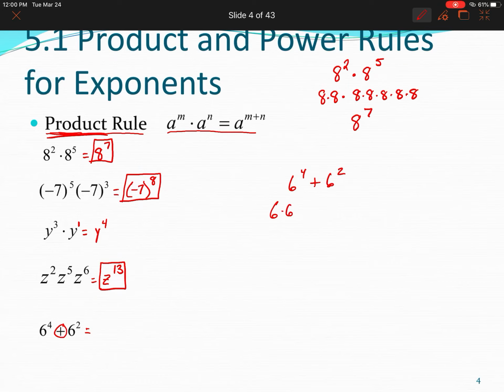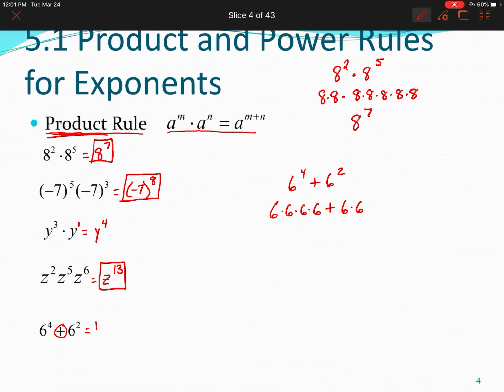Now, could we simplify that? Could we find the value of this? Sure. If you write out literally what it means, 6 to the 4th is 6 times 6 times 6 times 6, and then 6 squared is 6 times 6. And we could do each of those multiplications and we could add those together. But our order of operations says that we've got to multiply before we can add.